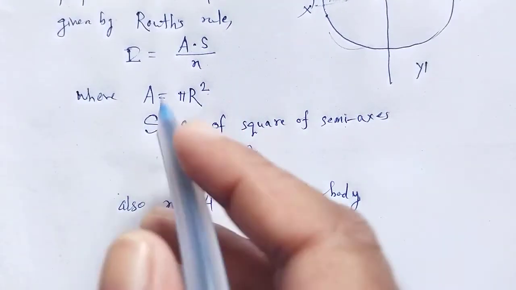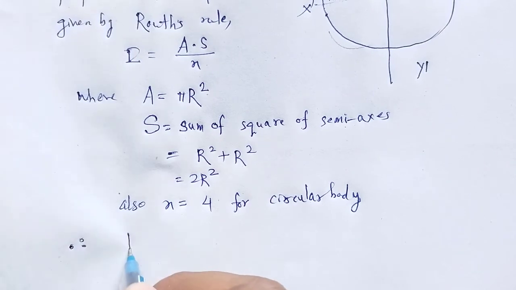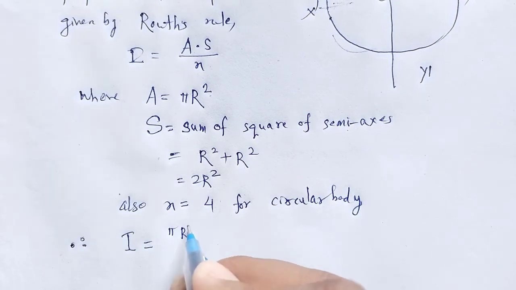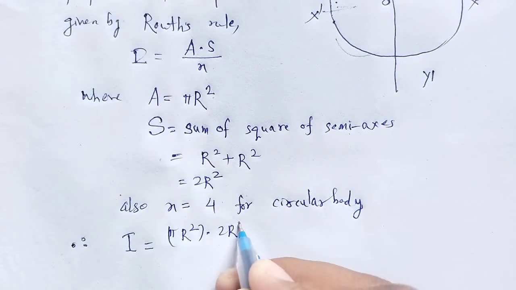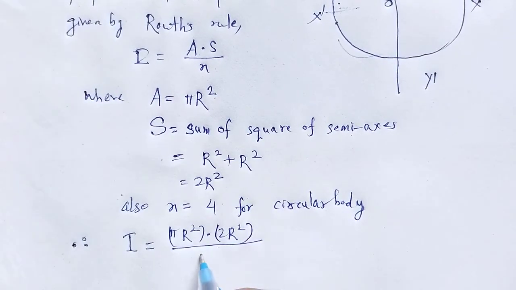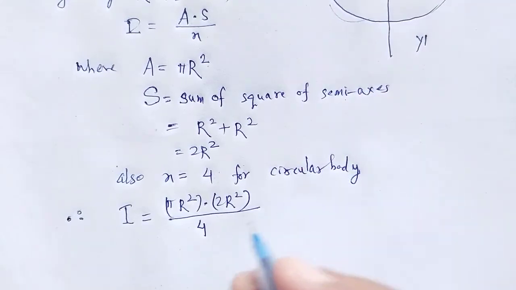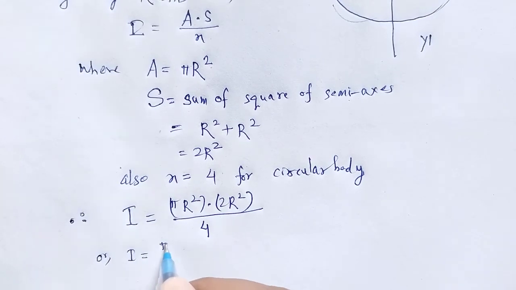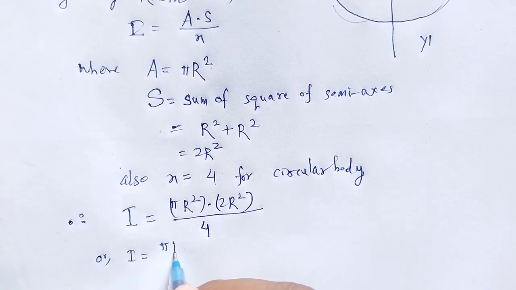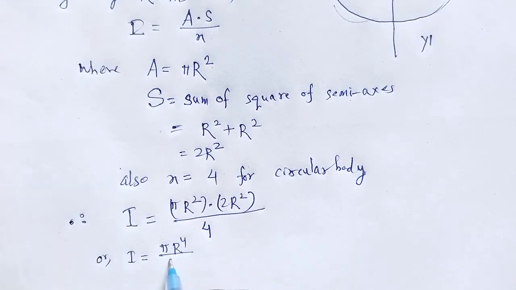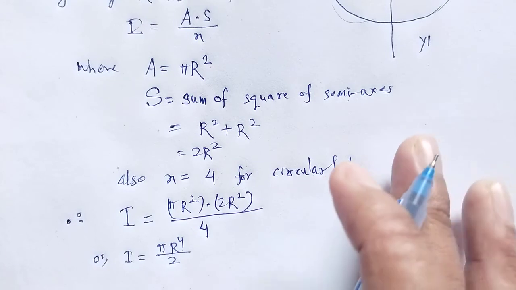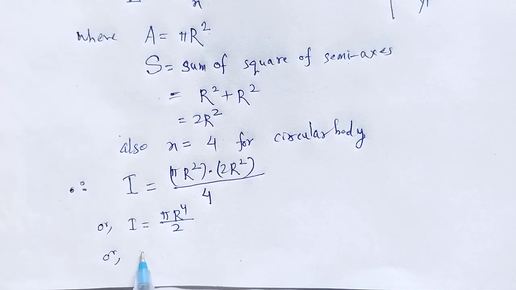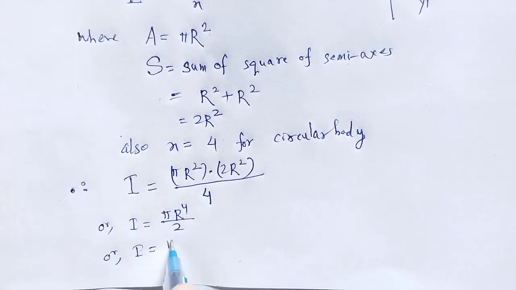Therefore, putting these in the expression, the moment of inertia I is equal to area pi r square into S, that is 2r square, divided by N, which is 4. So I is equal to pi r fourth divided by 2 after cancelling out, or we can say I is equal to pi by 2 r to the power 4.